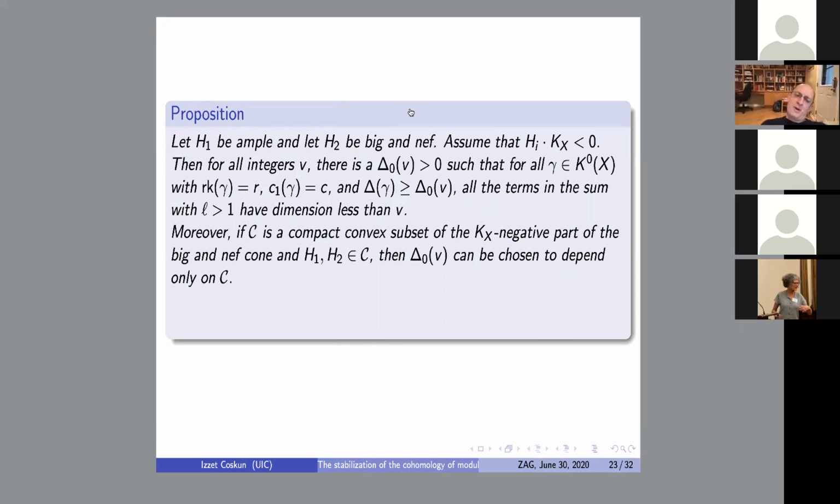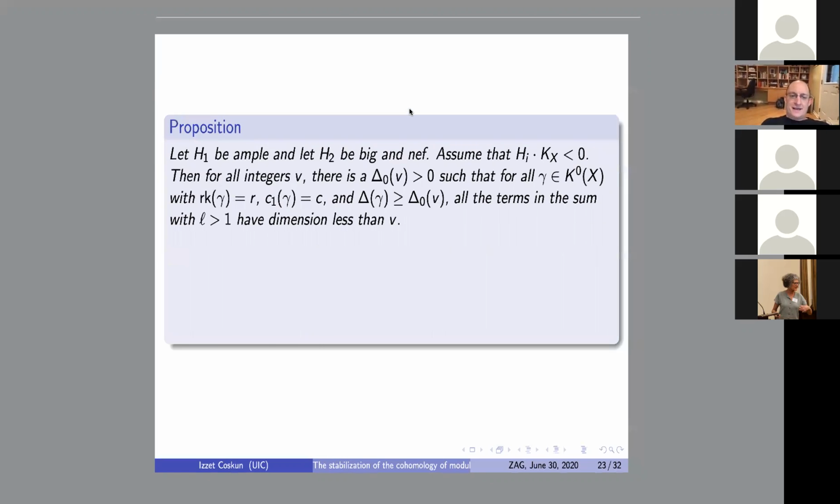And then the point is that if you fix yourself in some compact part of the ample cone, then you can actually choose how big you need to make it independently of these H's, and you can just depend on this compact set. All right, so let me go back.